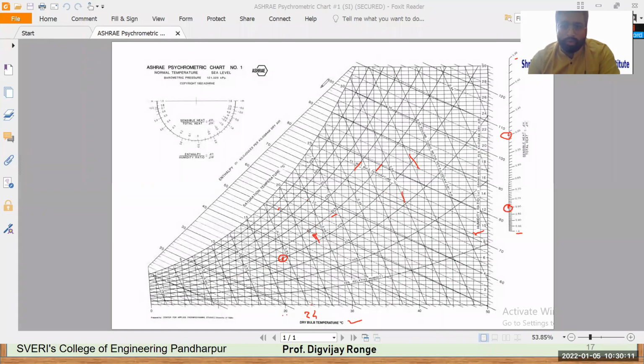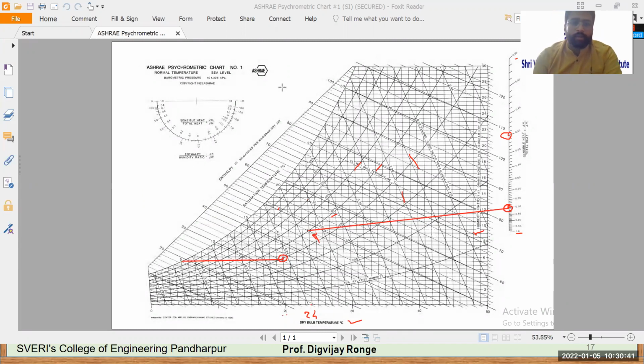Now you have to draw a reference line passing through this circle and to this point. The next line we have to draw is the RSHF line, which will pass through the room condition, 20 DBT and 40% RH. I will draw a line parallel to it. With the help of a roller, you can draw, and let us say you get this point here.